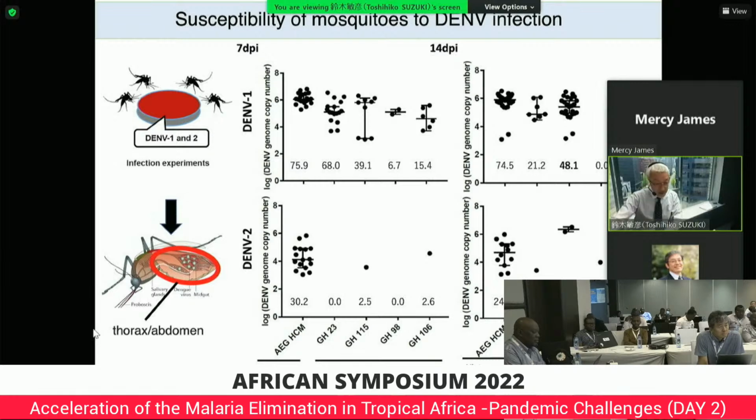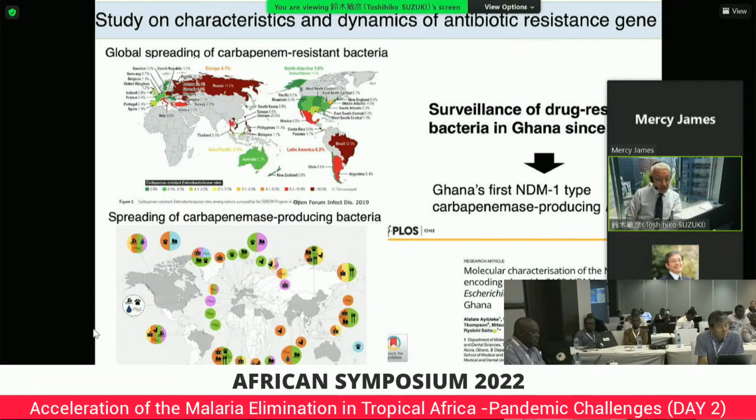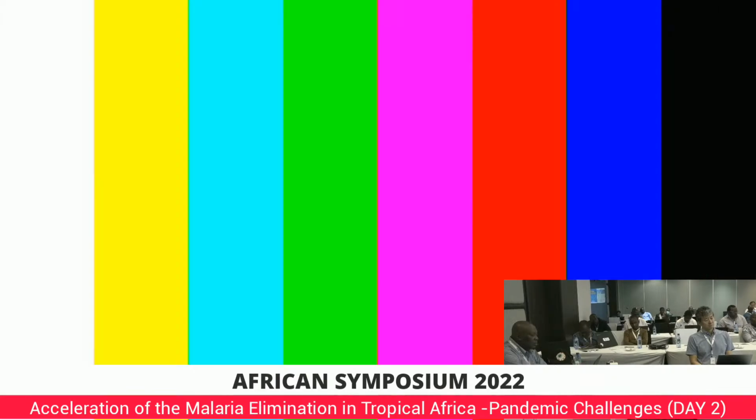Next topic is our study on characteristics of antimicrobial resistant bacteria isolated in Ghana. Drug-resistant bacteria are spreading all over the world, and especially the global spread of bacteria resistant to carbapenem, the last resort of antibacterial drugs, has become a major problem.